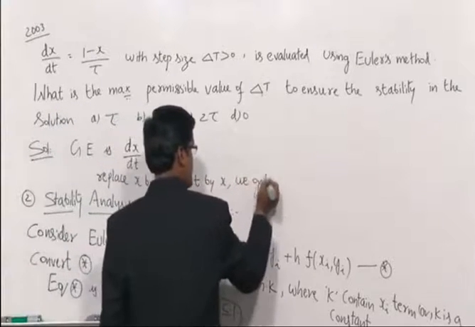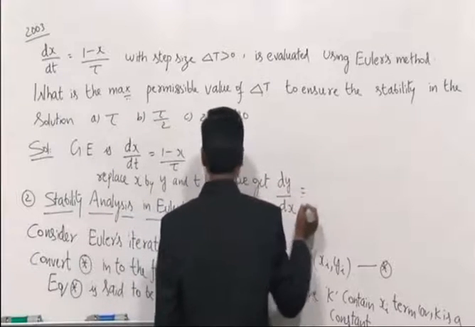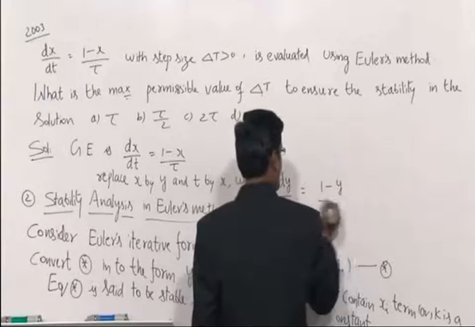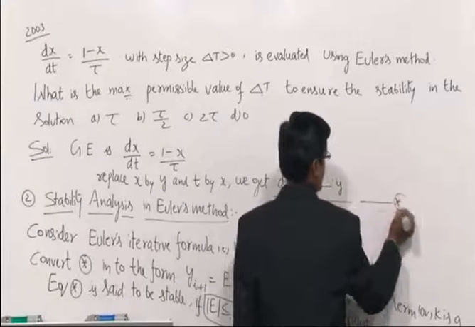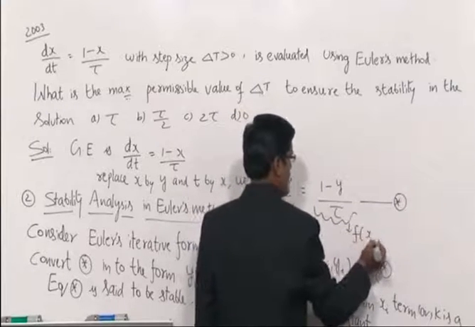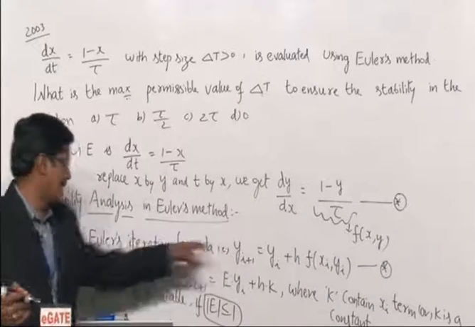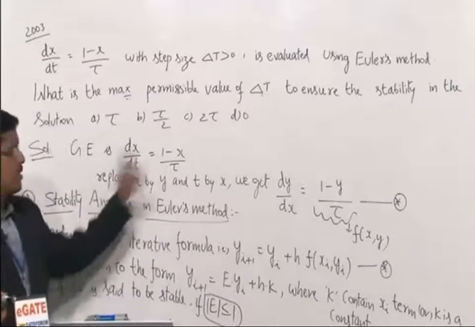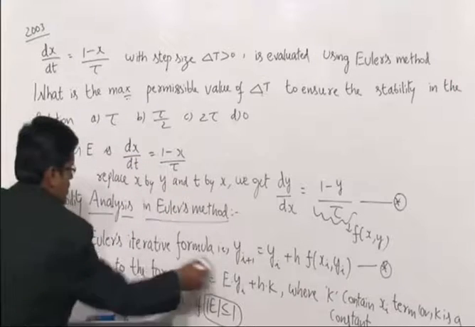We get our original notation dy by dx is equal to 1 minus y by tau. This is star and this is your f of x comma y. I brought it into your original variables y and x, dy by dx, by replacing like this. Now convert into this notation.